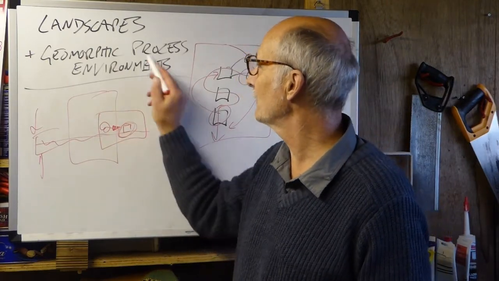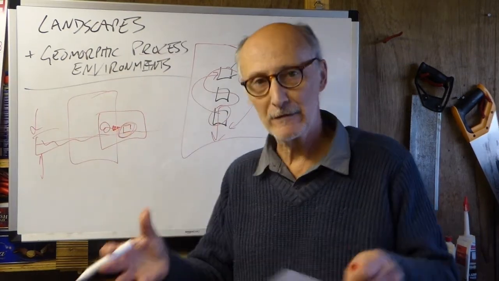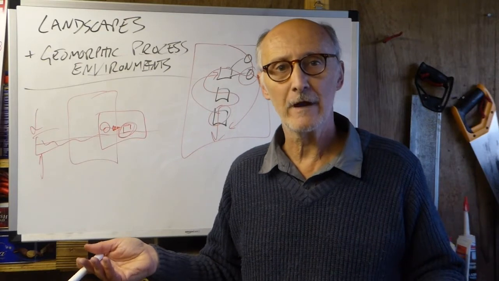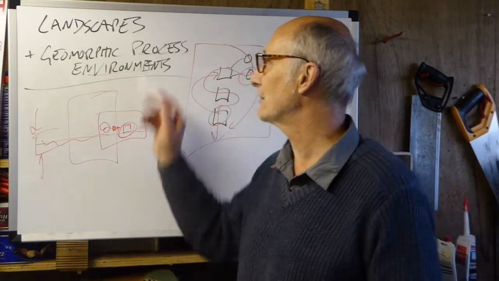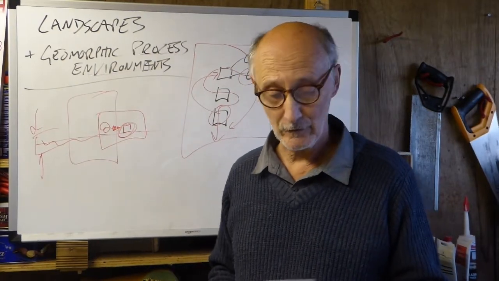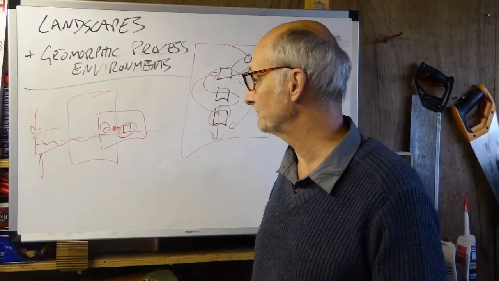So we talk about processes and environments as a connected unit, if you like, a process environment. And so you would associate certain processes with certain environments. And that's one of the things that we're going to be talking about in this session.